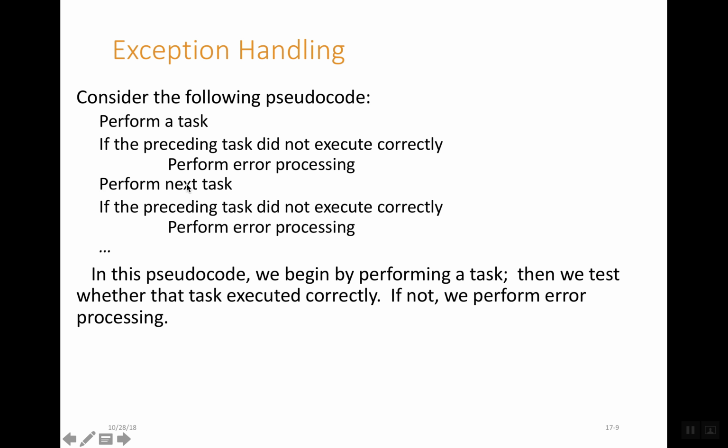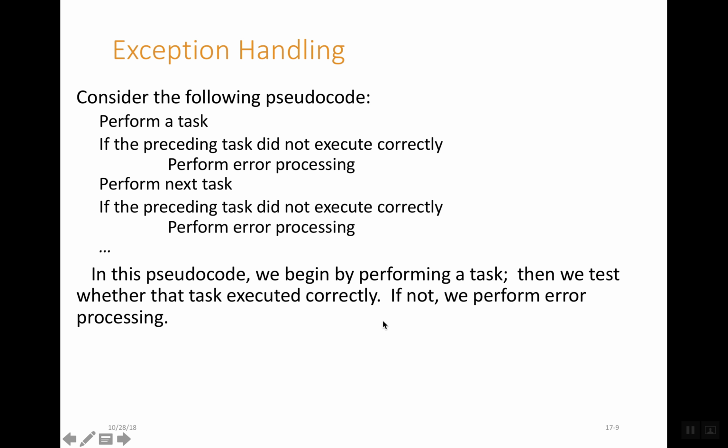If the task did not execute correctly, then perform error processing for this task, and go to the next task. This is the way. In this pseudocode, we begin by performing a task, then we test whether the task executed correctly.